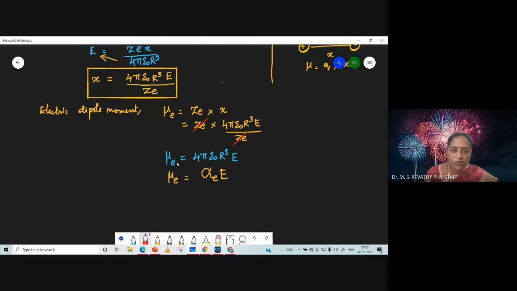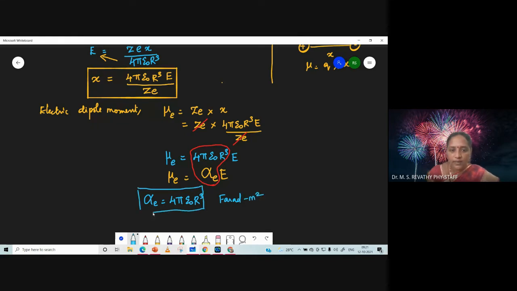Left hand side mu E, no problem. Right hand side I have E and E. So here in the place of alpha E, I have 4 pi epsilon naught capital R cube. I can just combine this. So now I'll get alpha E to be 4 pi epsilon naught capital R cube. And the unit for this polarizability is farad meter square.